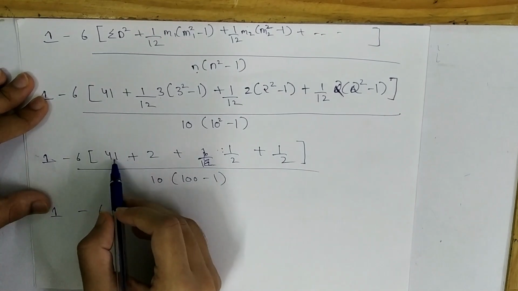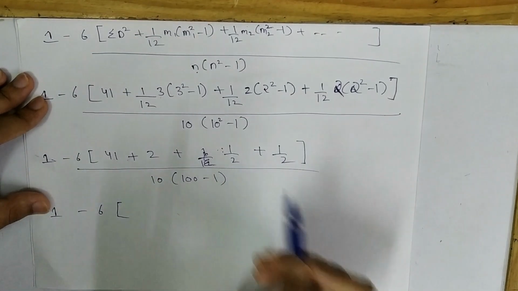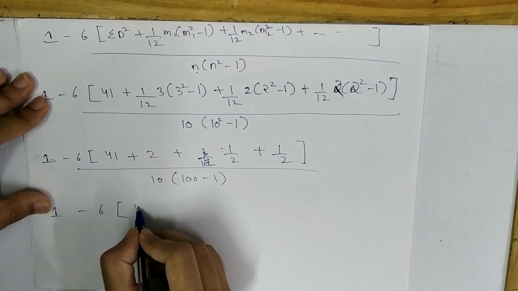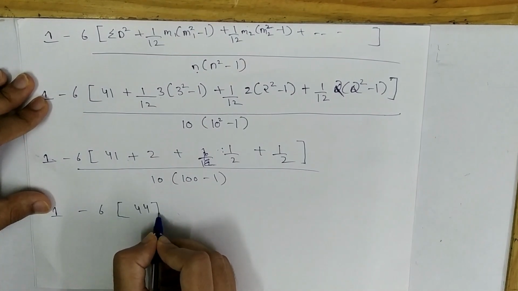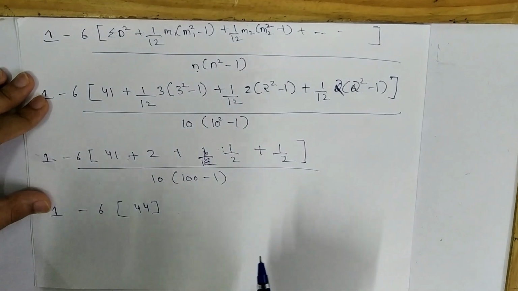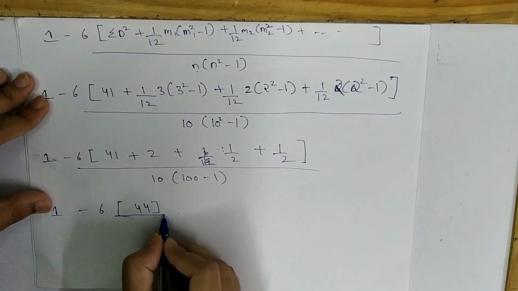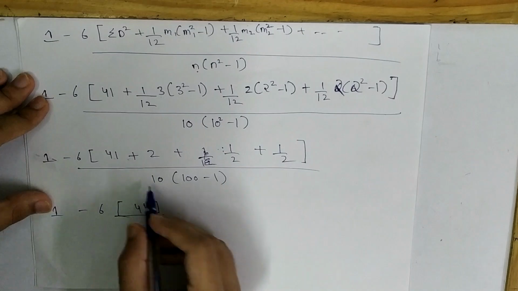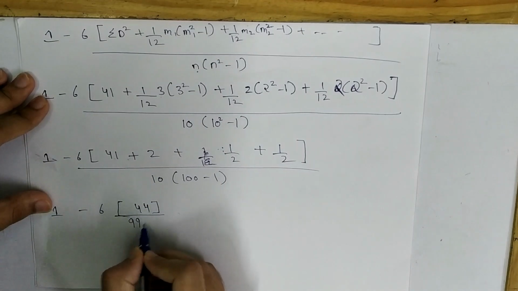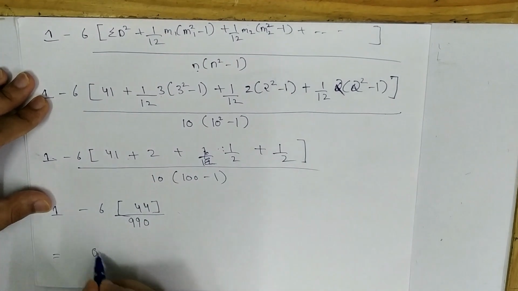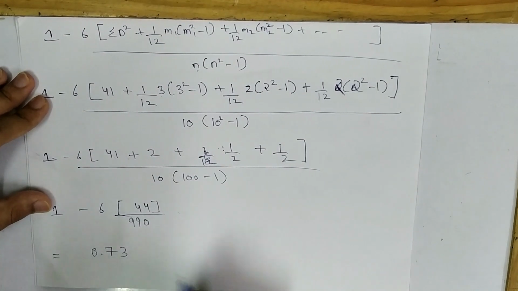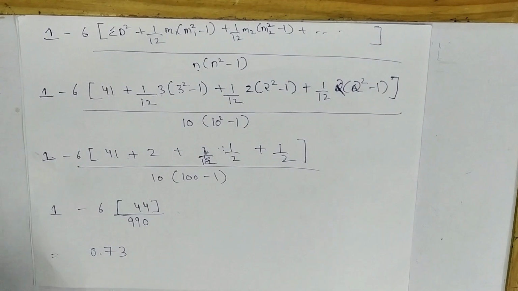We have to add all these numbers. This will be 1, 3 and 44. 44 upon 990. The final answer is 0.73. That's all for today's video.